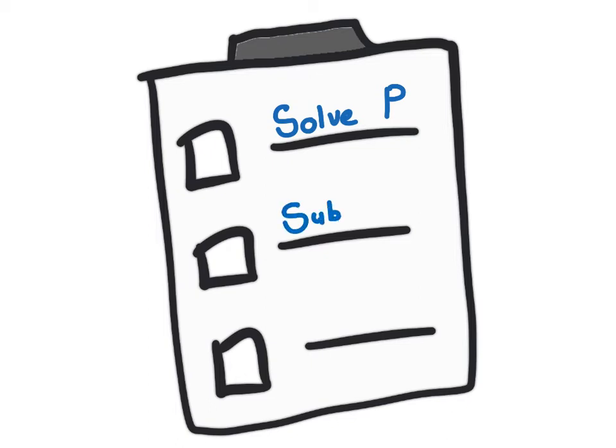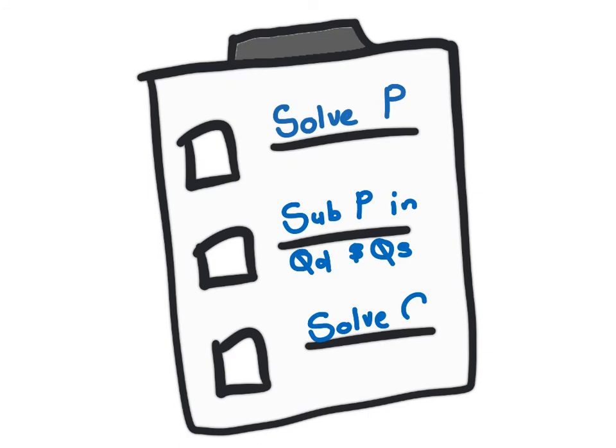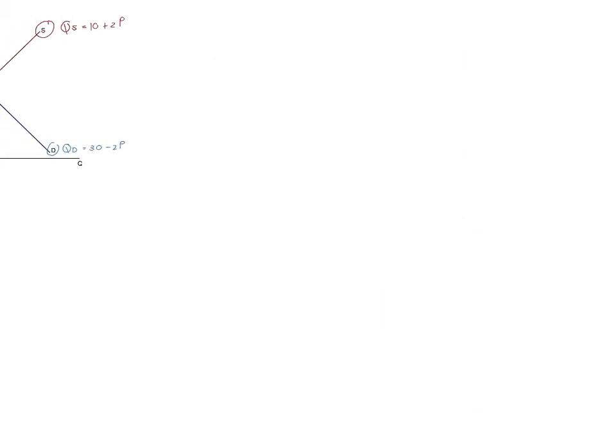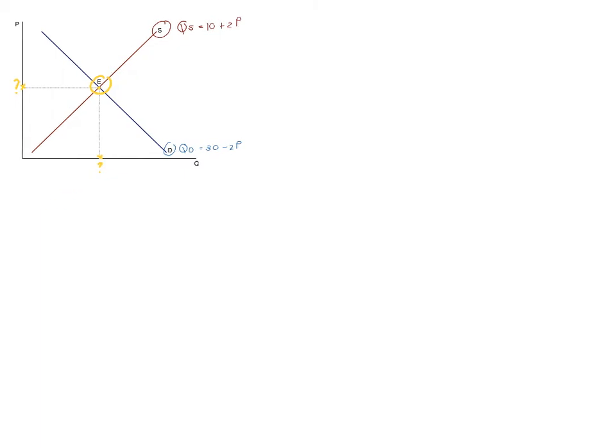We are going to substitute our calculated value of P into either our quantity demand or quantity supplied function. And our last step, we will solve for Q, our quantity. We will therefore use our demand and supply function in order to calculate equilibrium price and quantity.